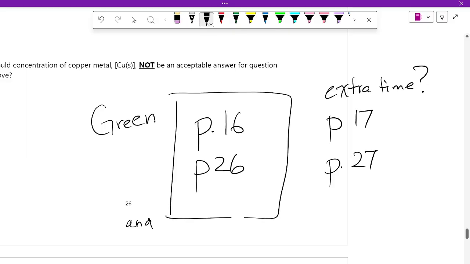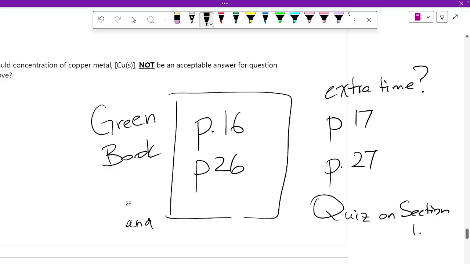And why might you be wanting to do that? Because I would like to have a quiz on section 1.1. Friday. Not Friday, that's tomorrow. I was thinking Monday. Is that fair enough? 1.1 entirely.